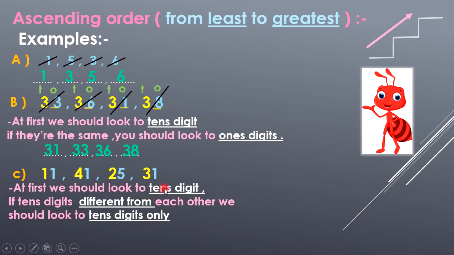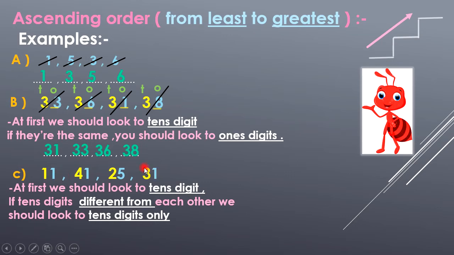At first, we should look to tens digit. If tens digit different from each other, look to tens digit only. Okay? Don't look to ones digit.